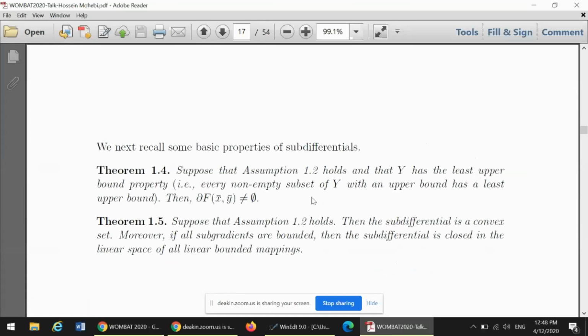Now we give a condition for which the subdifferential set-valued mapping is non-empty. If Y has the least upper bound property, that is, every non-empty subset of Y with an upper bound has a least upper bound, then the subdifferential of F is non-empty.